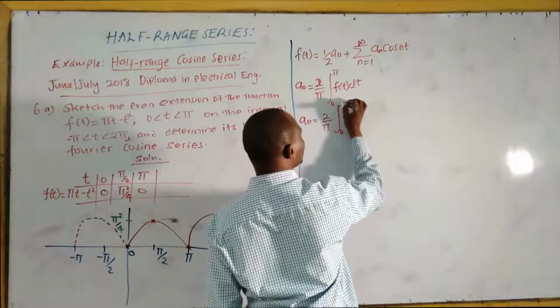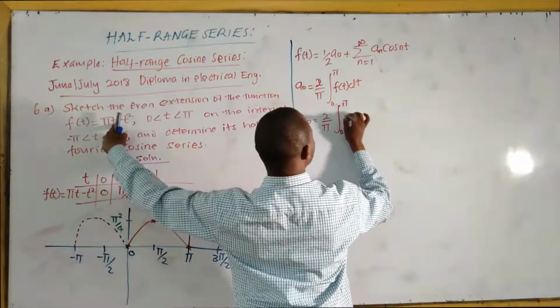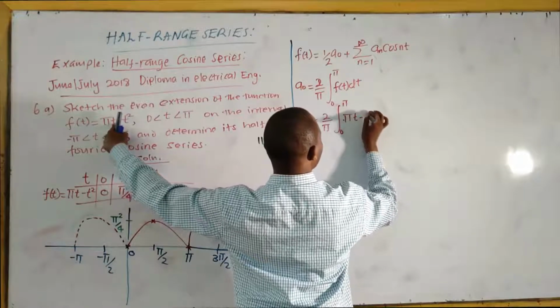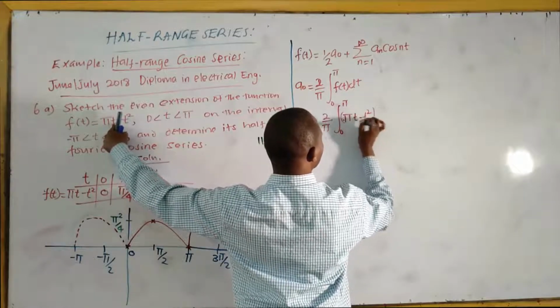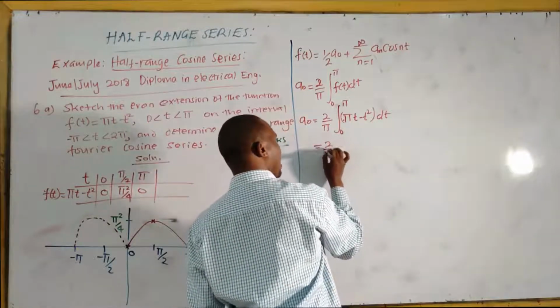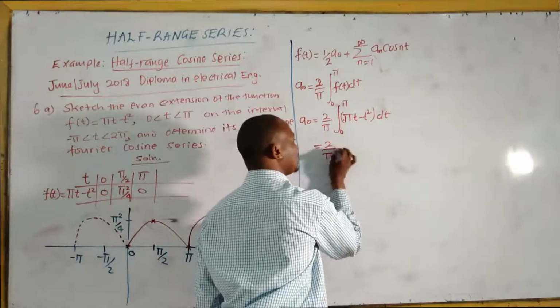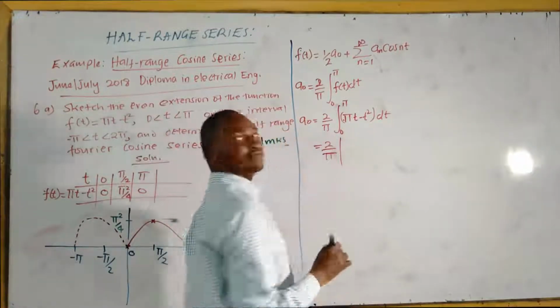The integral from 0 to pi, the function is pi t minus t squared, with respect to t. This will be 2 over pi, straight line for applying the limit.